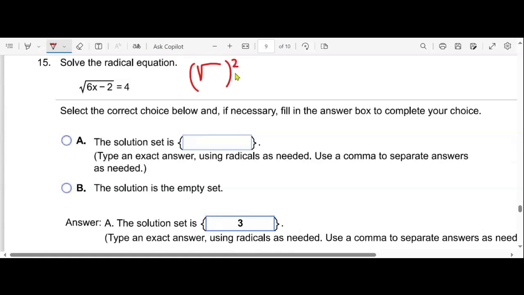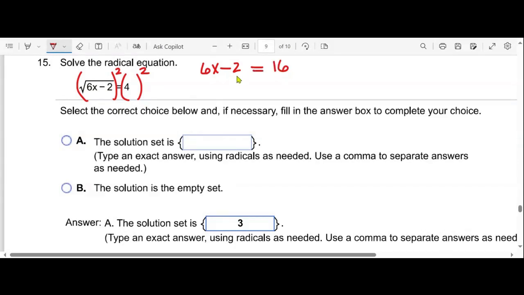We need to square. Right, so if we square one side, we have to do what to the other side? Square it as well. Exactly. So if you square the square root, what do you get? The square root will go, so we will have 6x minus 2 equals 16.